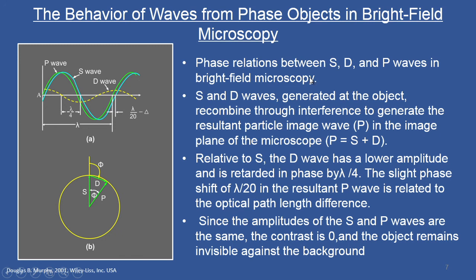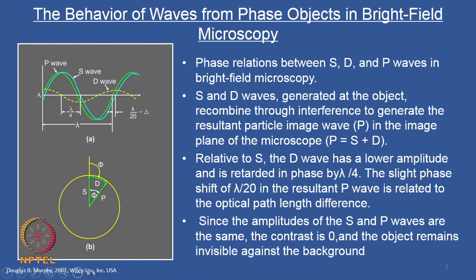Please understand, it is also important, as we have seen in some of the introductory concepts like coherence of illumination, that in these assumptions S, D and P will have specific phase relations. That comes from the coherence of illumination.